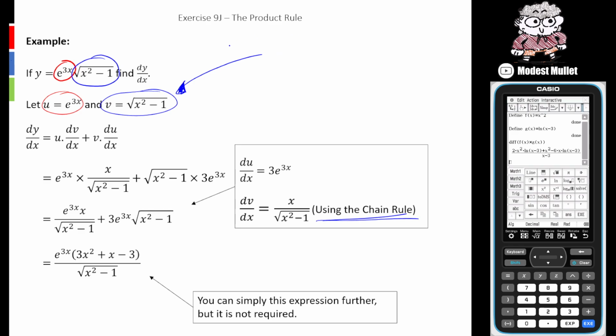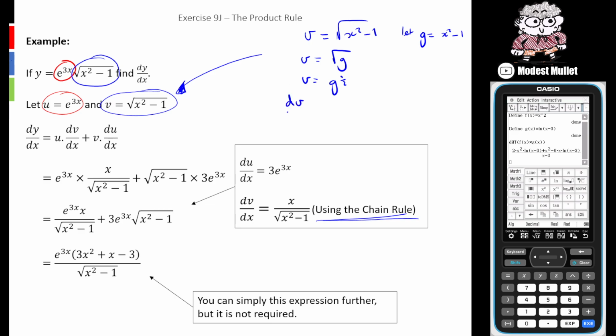So if we go separately, I'm going to let g equal x squared minus 1. So we've now got v is equal to the square root of g, which we can also say is g to the power of half.